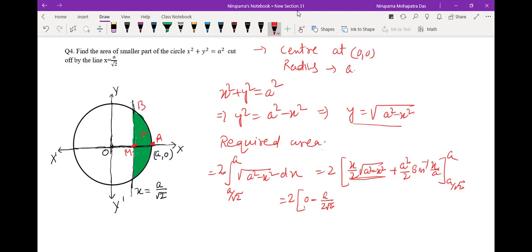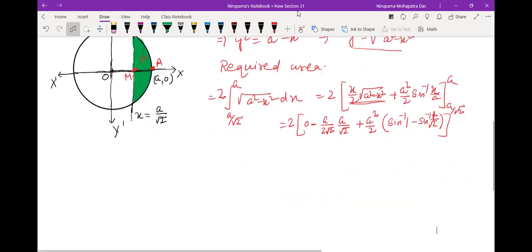So a by 2 root 2 and a square minus a square by 2, so you are getting again a square by 2, and then plus a square by 2 times sine inverse a by a, sine inverse 1, minus sine inverse 1 by root 2. I have taken each term's value at the upper limit minus the value at the lower limit.